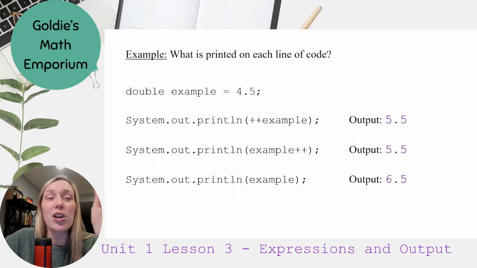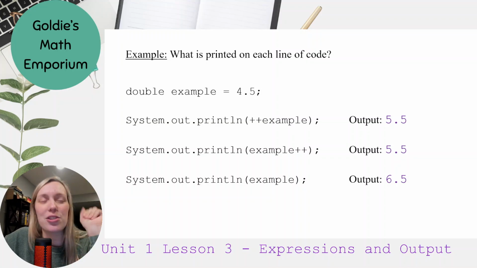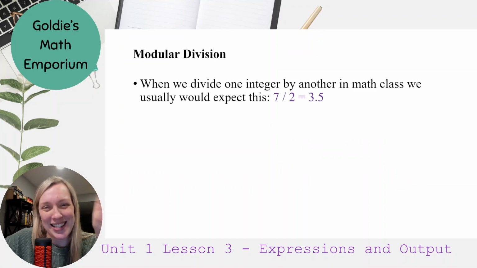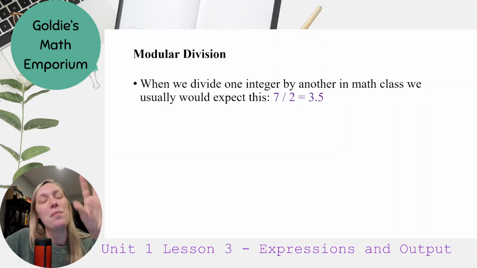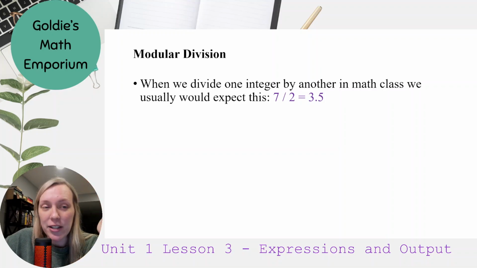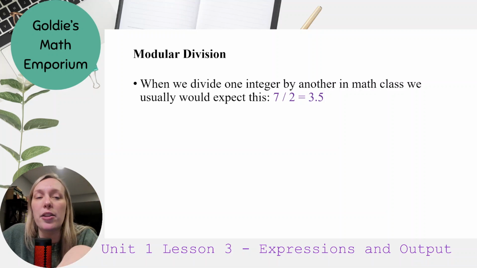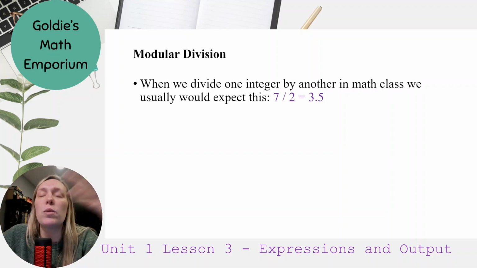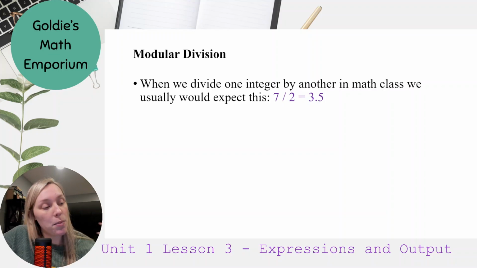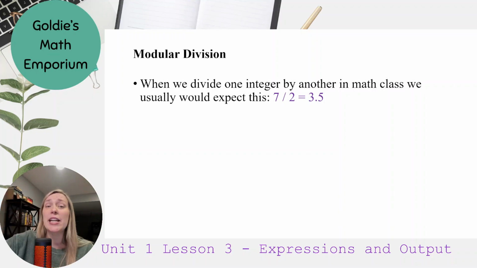Okay, we're so close. We have one last thing-ish to talk about, and that's modular division. If you haven't seen it yet, it's basically the remainder operator. When we divide one integer by another, like 7 divided by 2, we would expect 3.5, right? But we just talked about integer division.